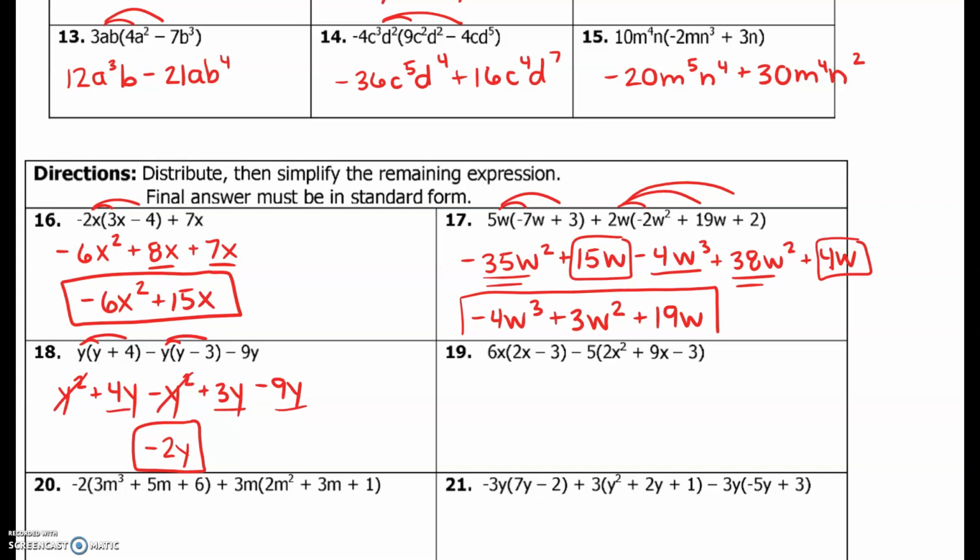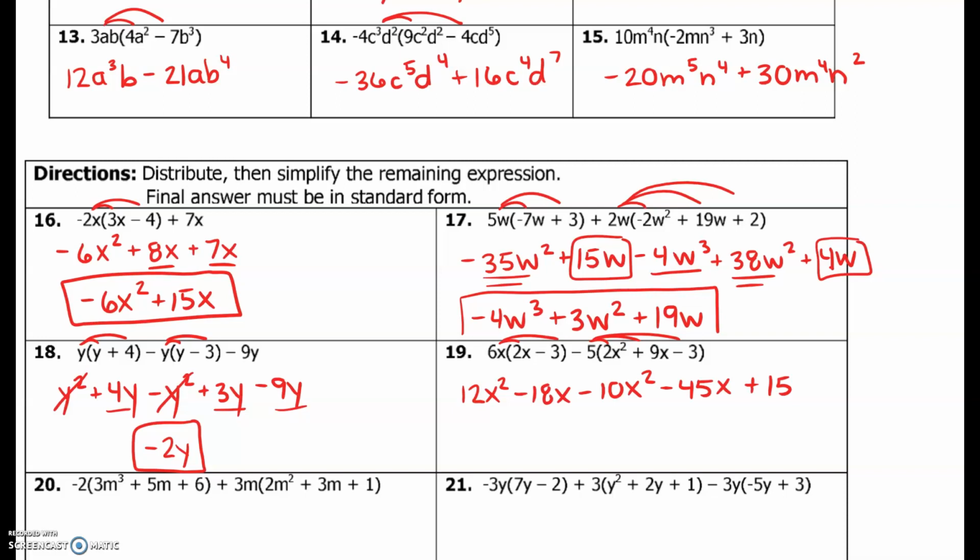Last but not least, number 19, we have 2 portions to distribute. We'll distribute 6x first, giving us 12x squared minus 18x. Then we'll distribute the negative 5, giving us negative 10x squared, negative 45x, and a positive 15.